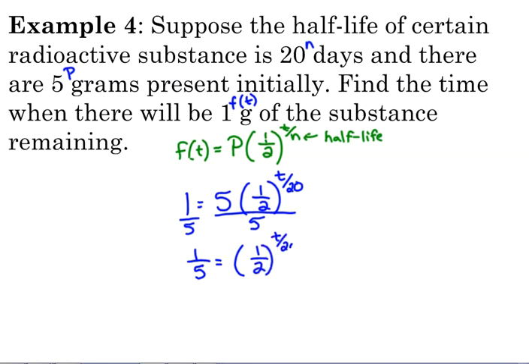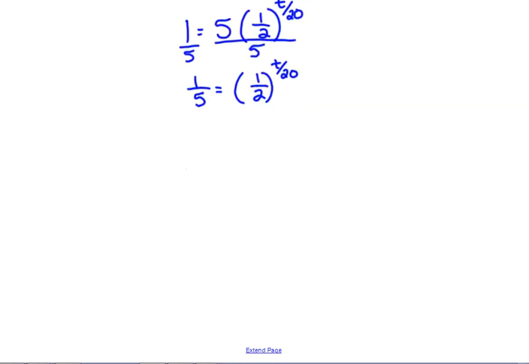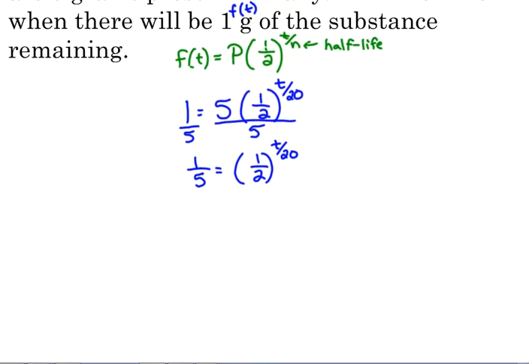It would be nice if 1/5 and 1/2 could be written so that they have the same base. They can't. So we've got to use log form. The base of the exponential and the base of the logarithm are always the same. We don't usually have fractions for bases, but it is possible.